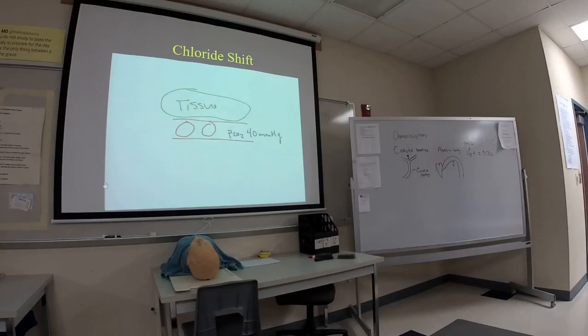The partial pressure of CO2 in the tissue or in the interstitial fluid is about 45 millimeters of mercury. So since we have this difference in the partial pressures of CO2, it's higher in the interstitial fluid than it is the capillary, CO2 will diffuse from the tissue into the capillary.